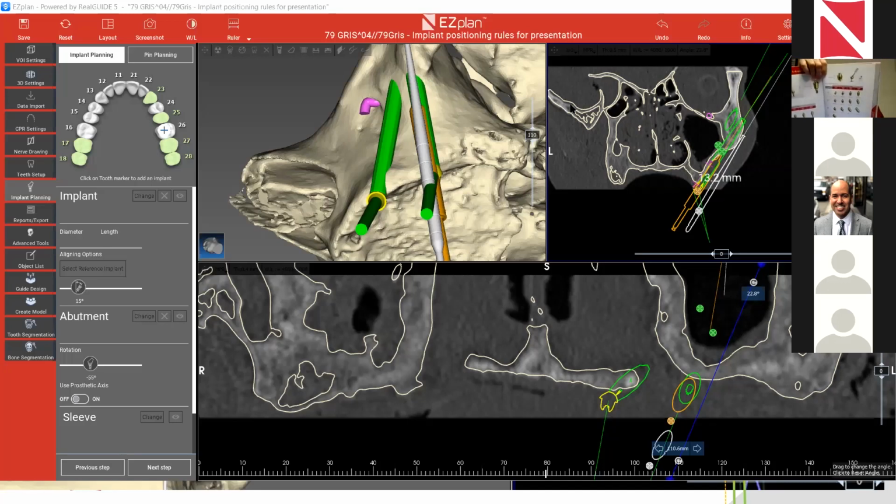Another change in this catalog is that we defined the height of the multi-unit base versus the implant a little differently. If you look at the catalog, you'll probably understand what I mean.